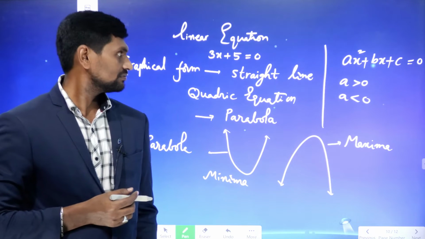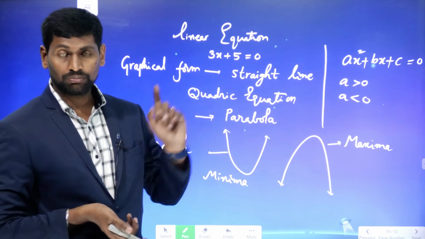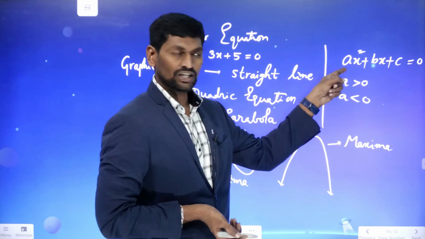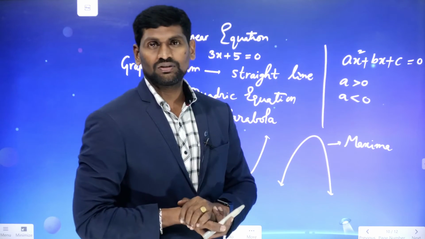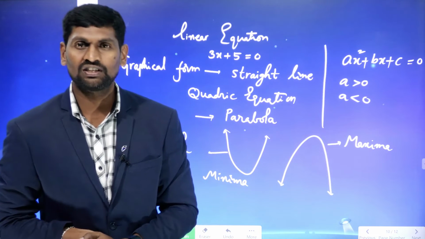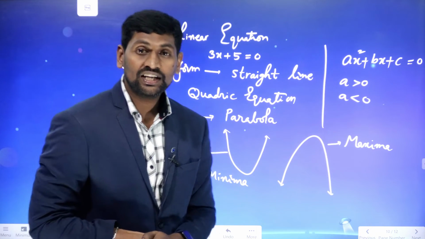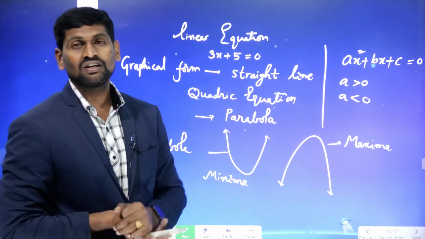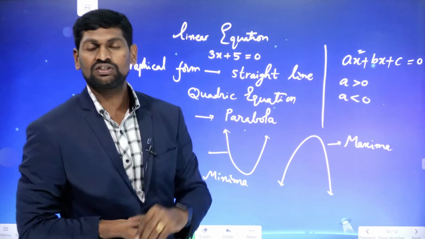Here a should not equal 0. If a becomes 0, 0 into x square, the first term becomes 0, and we still have bx plus c, which is a linear equation. Then it won't be a quadratic equation. That's why a not equals to 0.